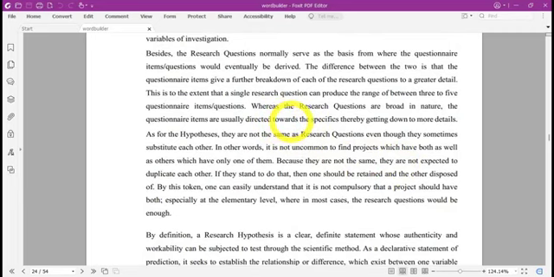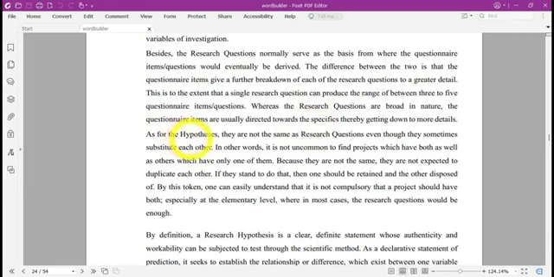Research questions are broader, but the questionnaire breaks it down to the least, giving more details, and that will give a better result, because the more details you have in the questions, the better the answers you are going to get.